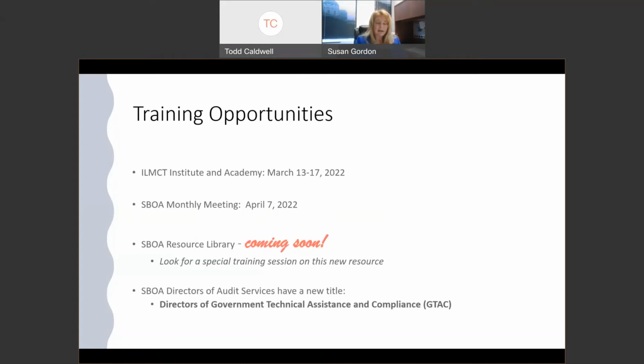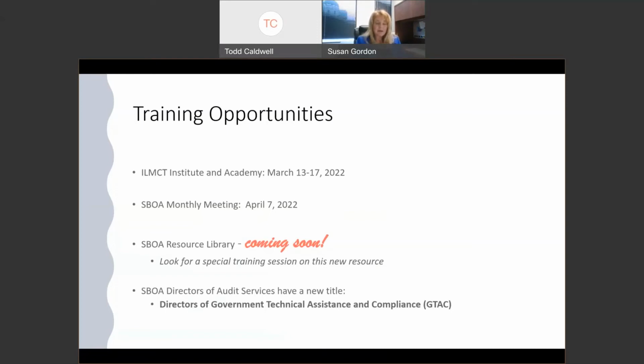And then I wanted to, again, let you know about some things coming. The State Board of Accounts Resource Library. A lot of you are probably familiar with our website. You know, we have a lot of information on there. We have information related to our manuals and the directives and the bulletins, audit reports, and all of that information. And we've had one of our directors work really hard to make that website or that resource library a searchable database.